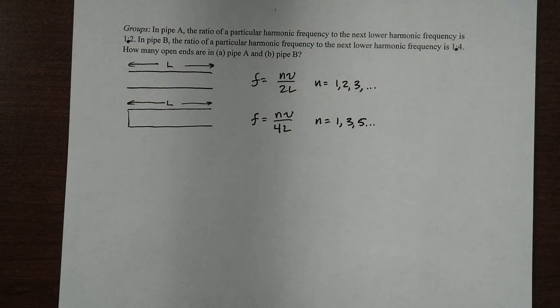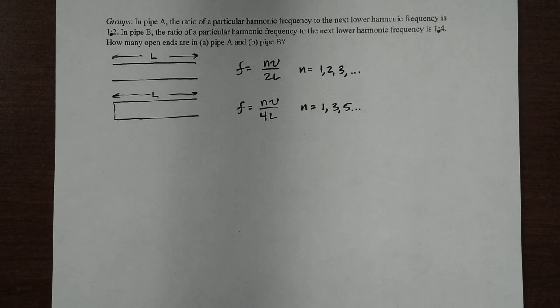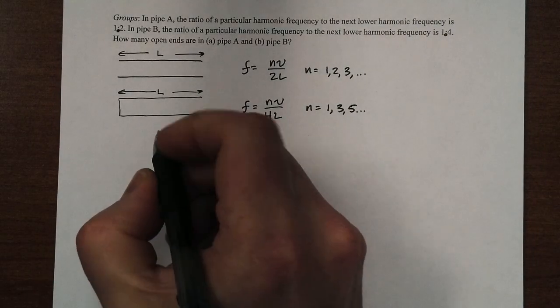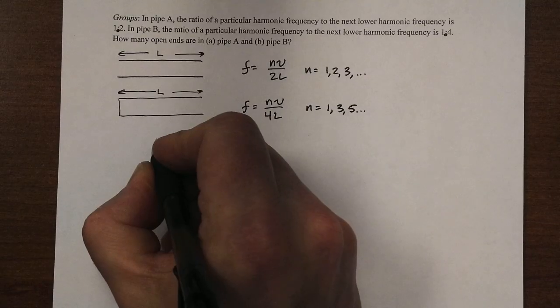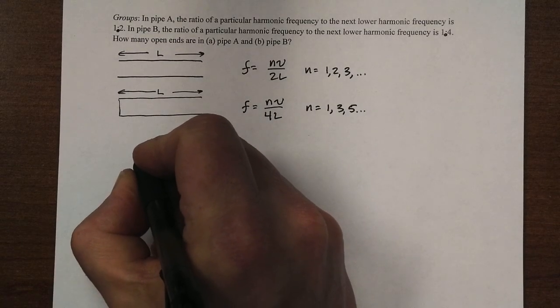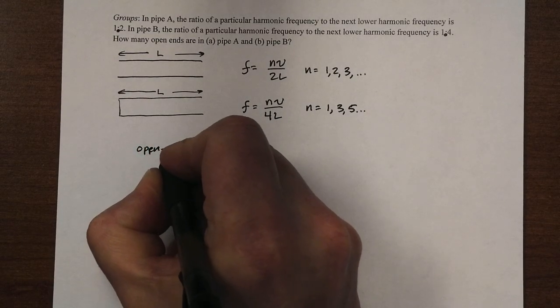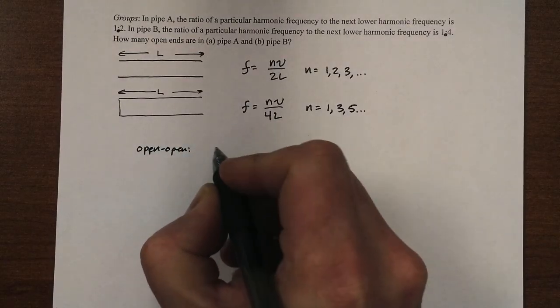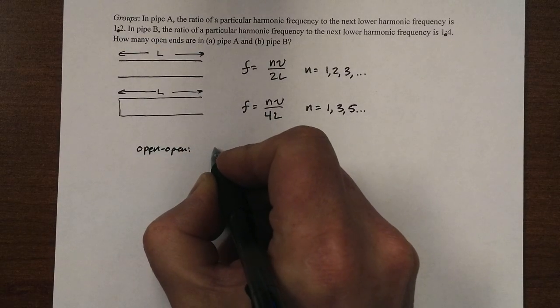So I think it's easiest to see these ratios if you just write out things in the pattern right here, right? So let's just do open, open, and write out the first few of these.